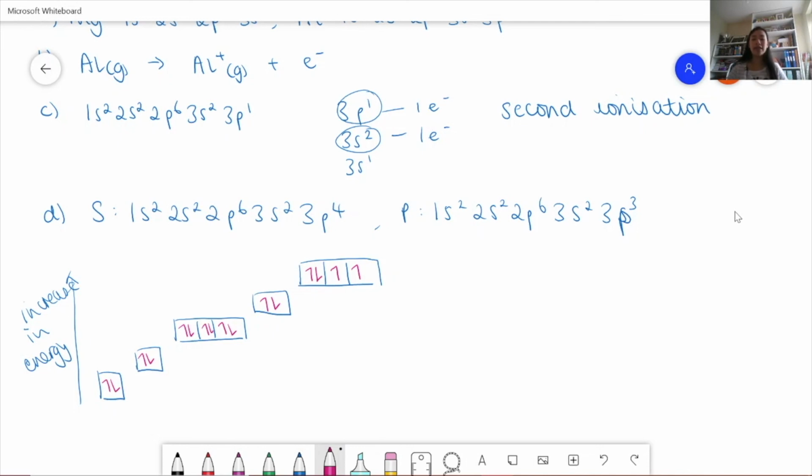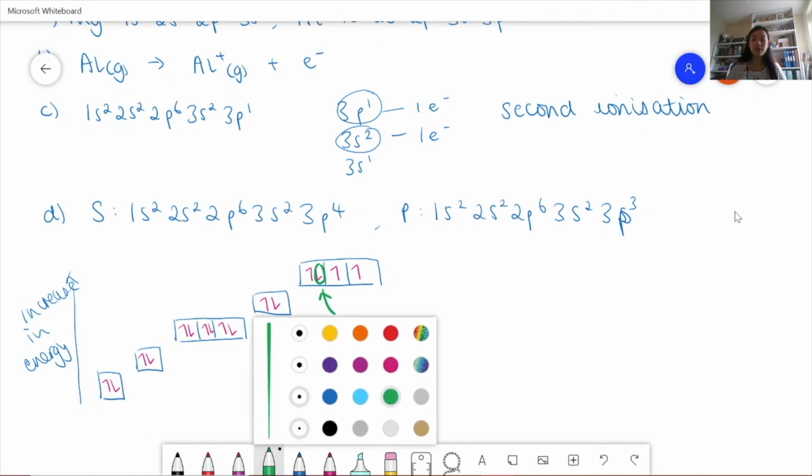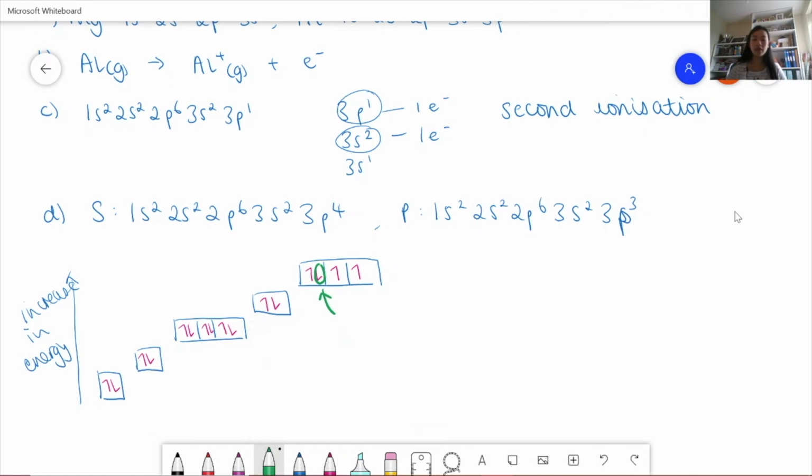And so what that means is that this electron here, or one of the electrons from this suborbital, is much easier to remove. And that's because there's repulsion from the other electron in the same suborbital.